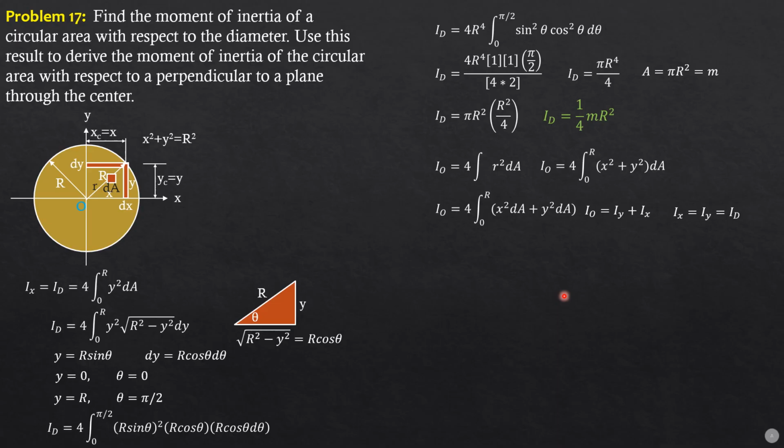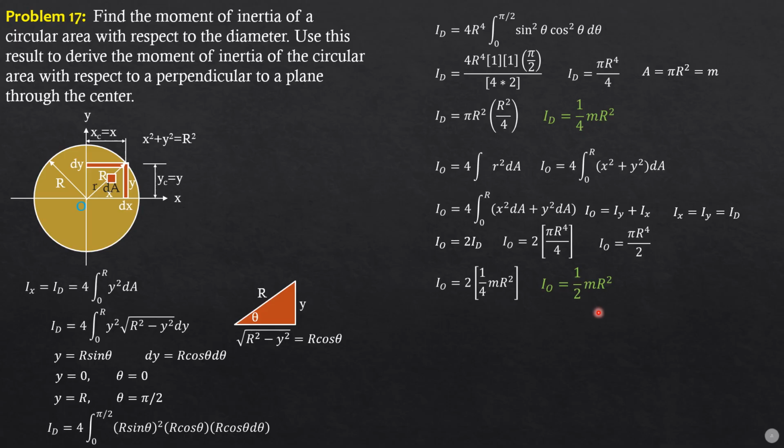So I O is simply equal to 2 times I with respect to the diameter. And since we already derived the moment of inertia with respect to the diameter, substituting, then I sub O is equal to pi r to the fourth over 2, and replacing pi r squared by m again, so that is 2 times this value, 2 times 1/4 m r squared. So that would be 1/2, I O is 1/2 m r squared.